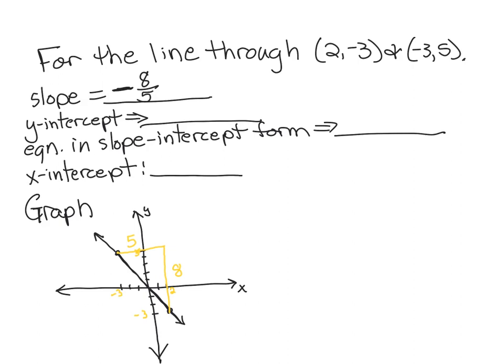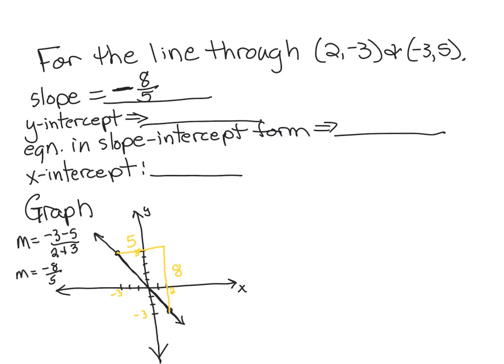All right? If you want to do the math, m equals, pick a point to start with, -3 minus 5, over 2 minus a -3. M equals -8 on top, +5 on the bottom.